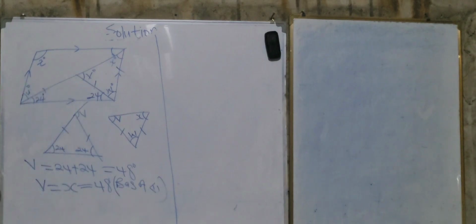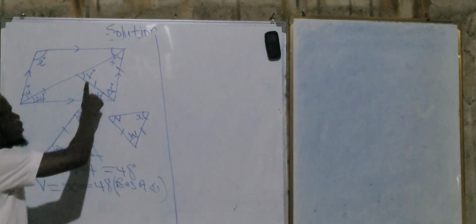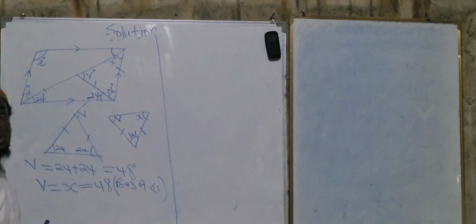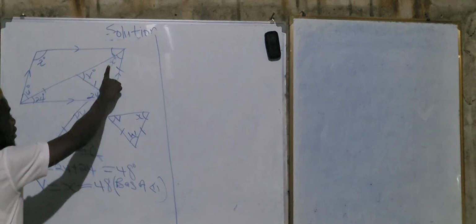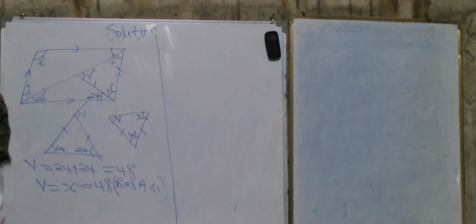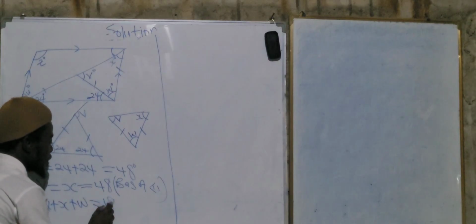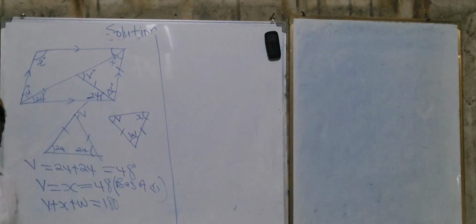So we have gotten this angle, then we can find W. V plus X plus W is equal to 180. What is that? Sum of angles in a triangle.